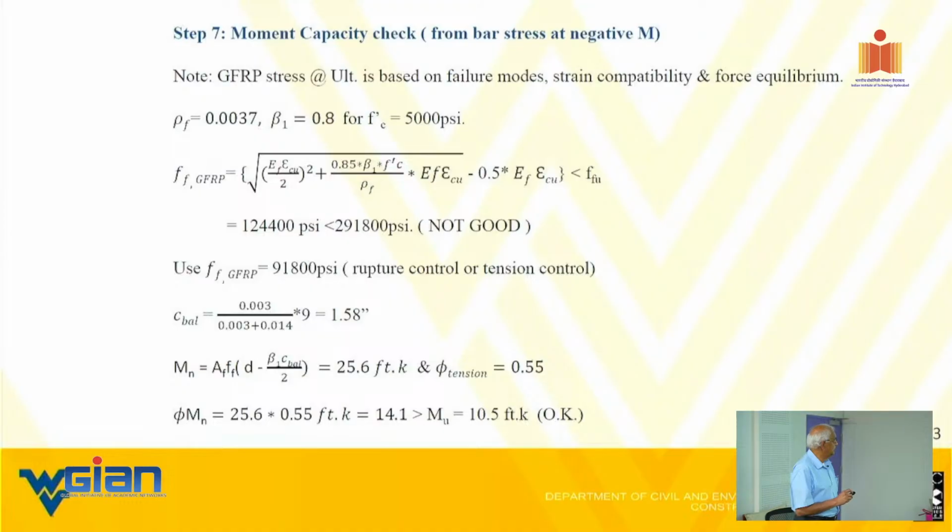That is your K factor based information. So we found out that this stress in the GFRP is much higher than 124 ksi as opposed to 29 ksi. So the rupture control or the tension control. So we had to redo this particular design, and we did that.